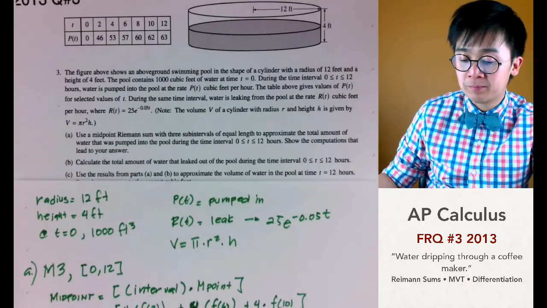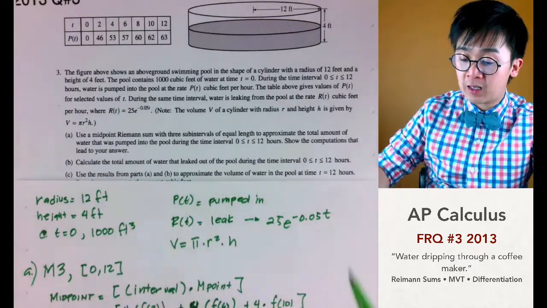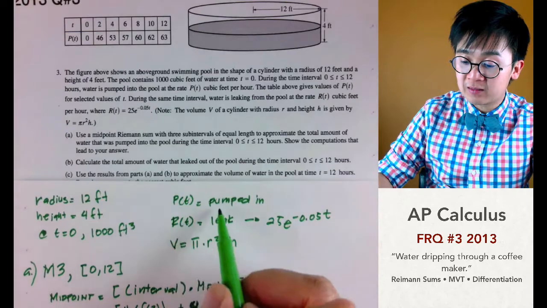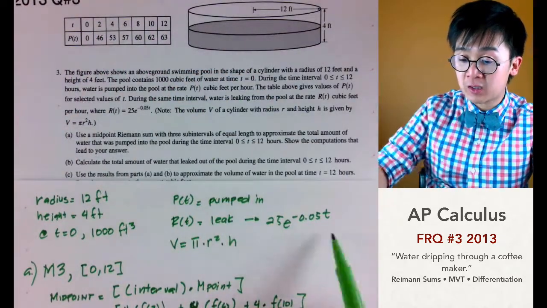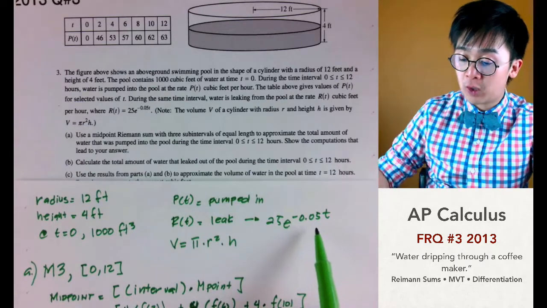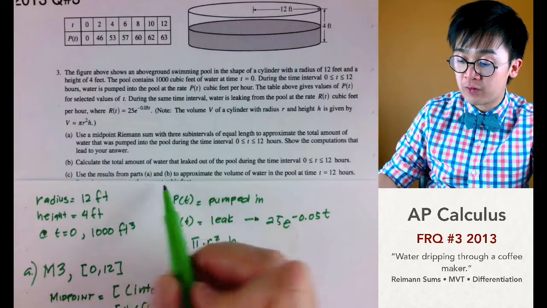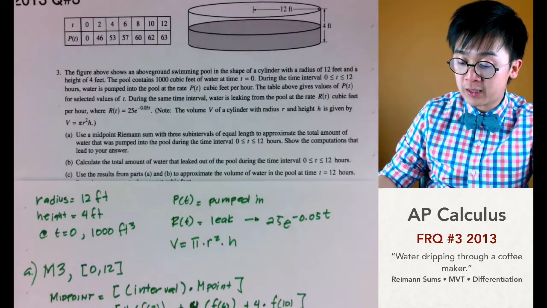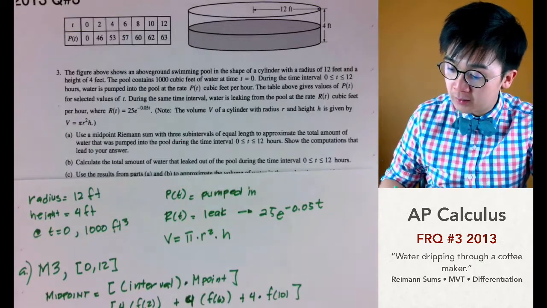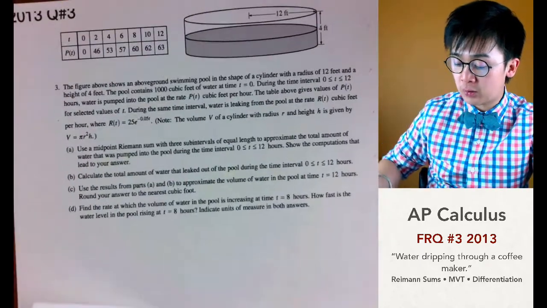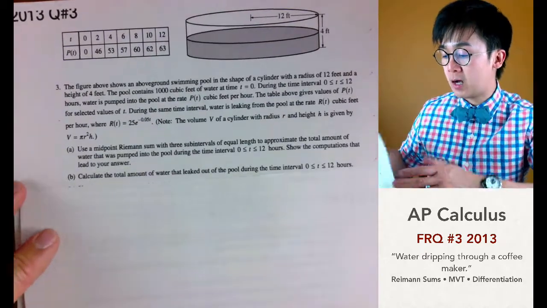So for letter B, we need to calculate the total amount of water that leaked out of the pool. This time, instead of using P of t, which is given by the table, we're going to be using this actual function, 25e to the negative 0.05t, as our R of t, and we're going to find its total amount of water from 0 through 12, which means we're going to be using our integral for this problem.